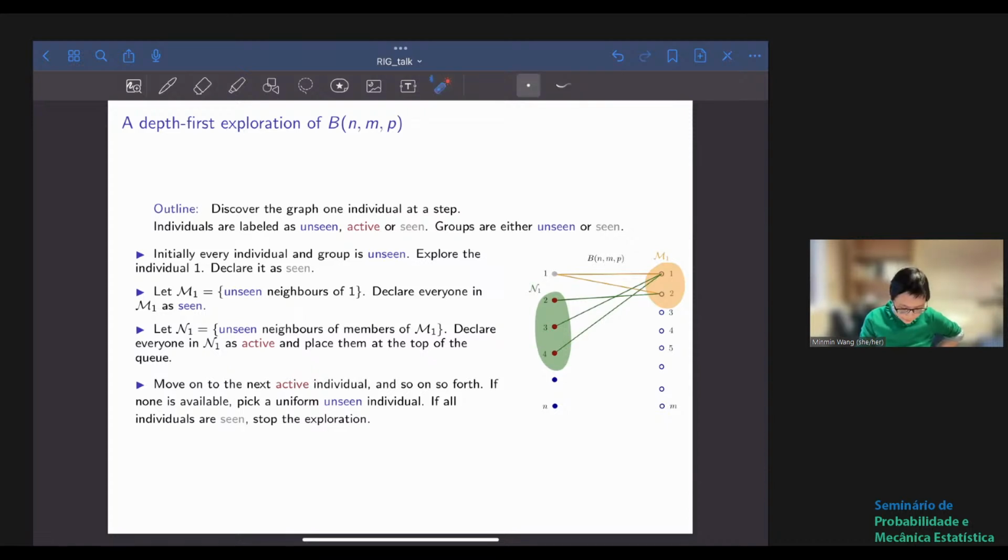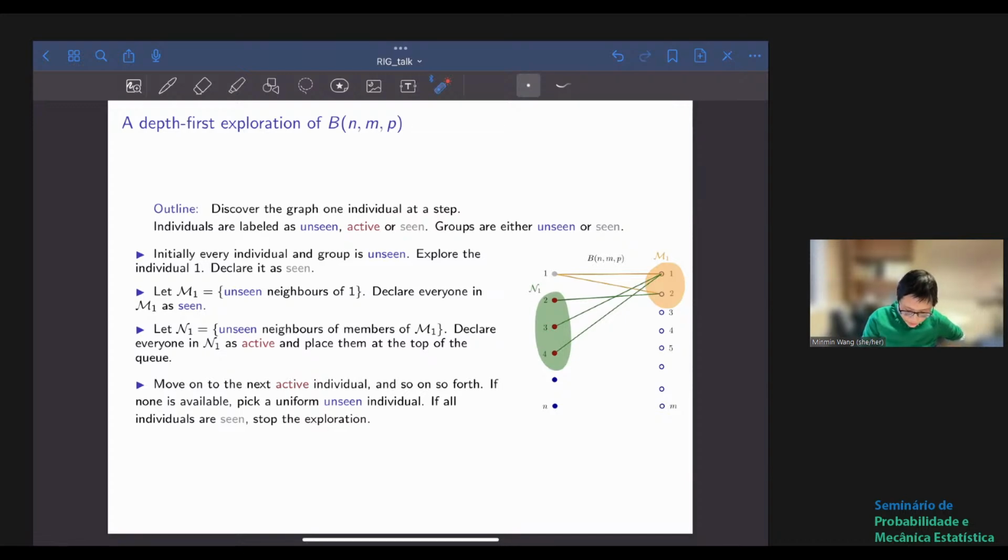And if you don't have any such individuals, it means you have explored every individual. In that case, you may still have some groups left, but they are all isolated. So that is the time to stop your graph exploration. That's the algorithm for the depth first exploration.